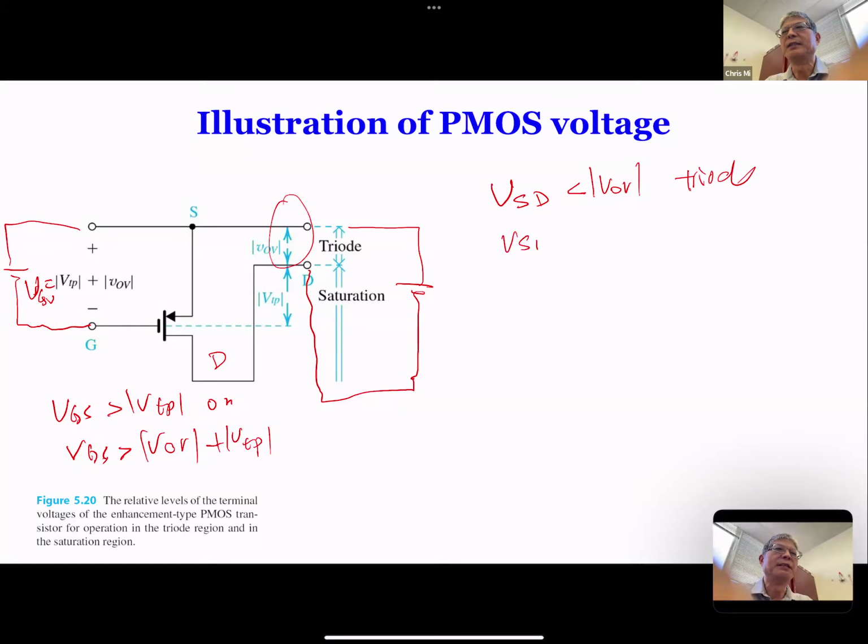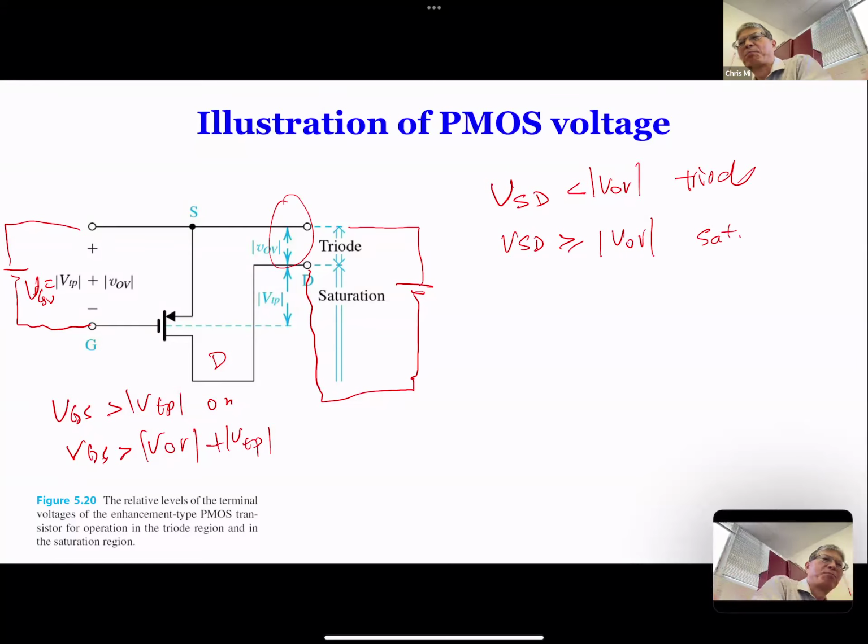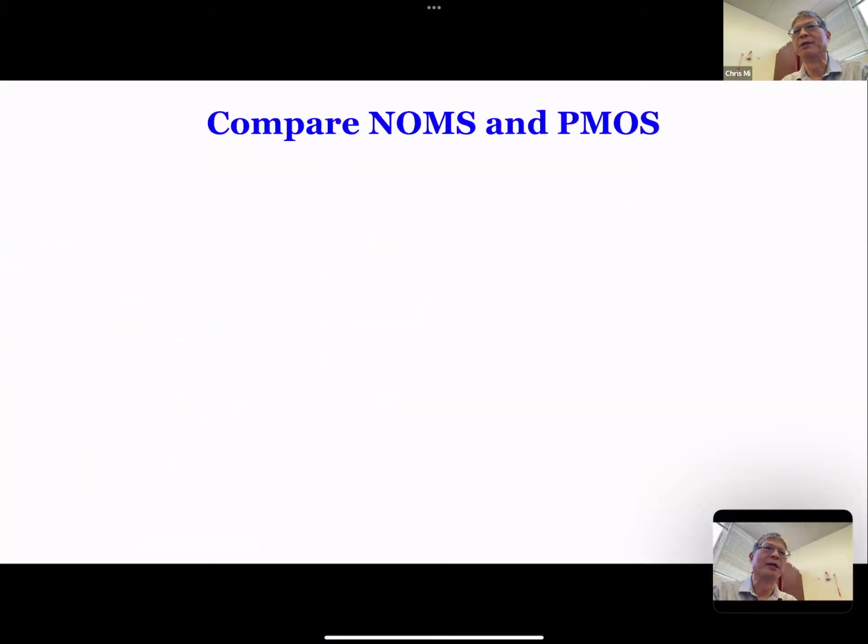But if VSD is larger than VOV, then it's going to be in the saturation region. And now you can apply the equations to calculate the actual current in the device. This is only for illustration purposes, to look at why it works that way.